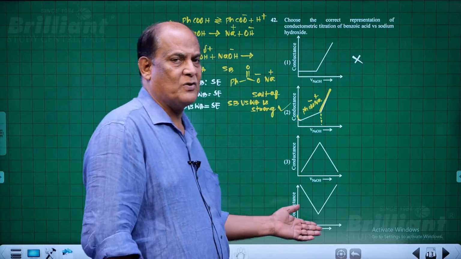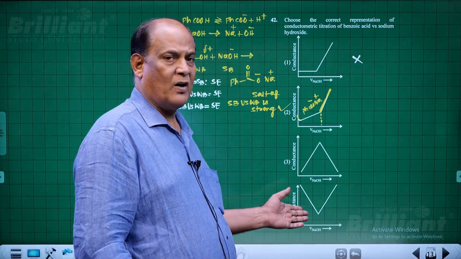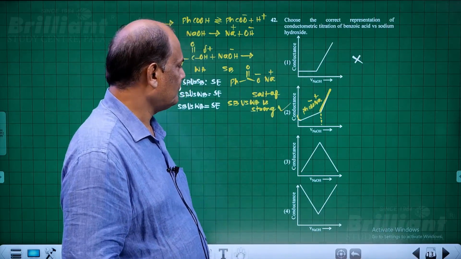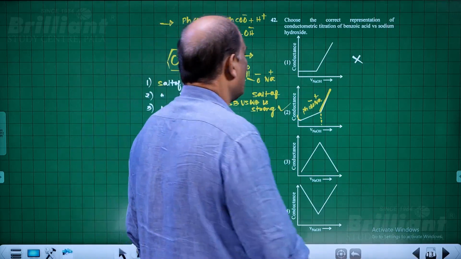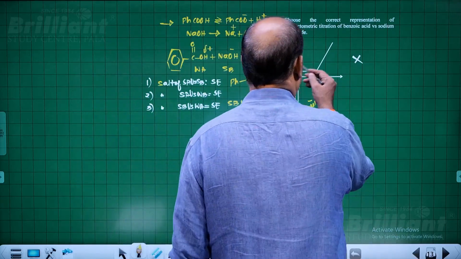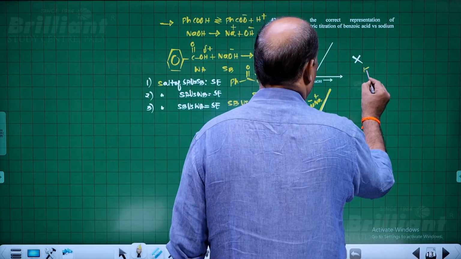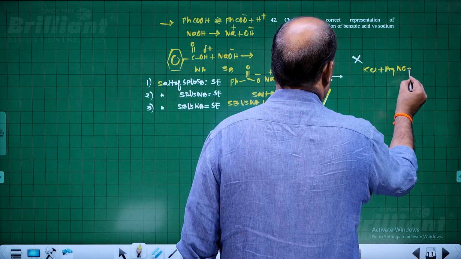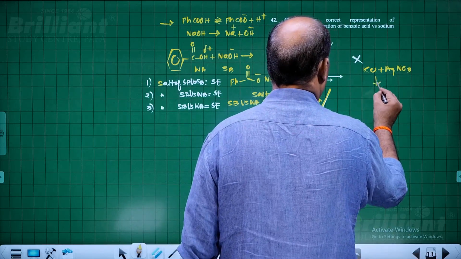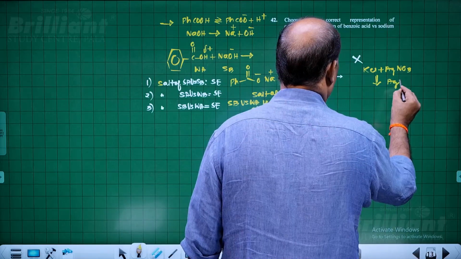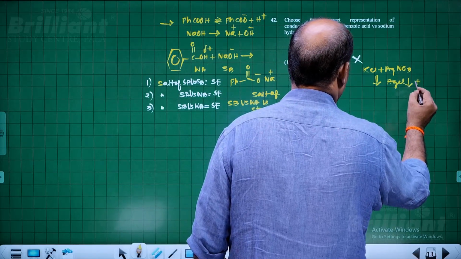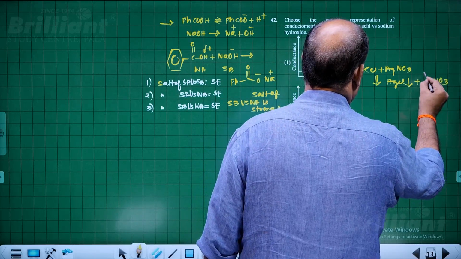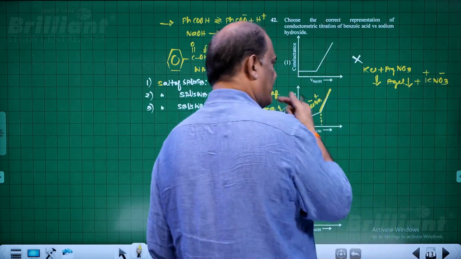This is strong acid versus strong base. This is nowhere. But here, conductometric salt is KCl plus AgNO3, which gives AgCl plus KNO3, that is K plus NO3 minus.